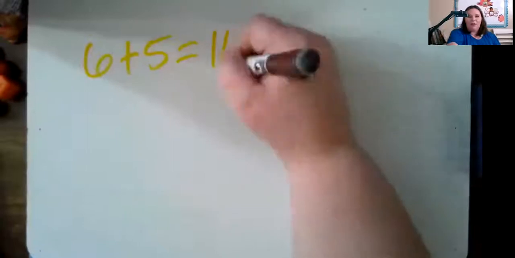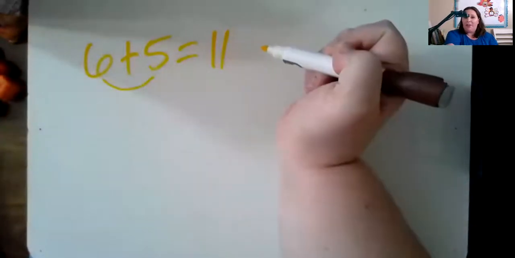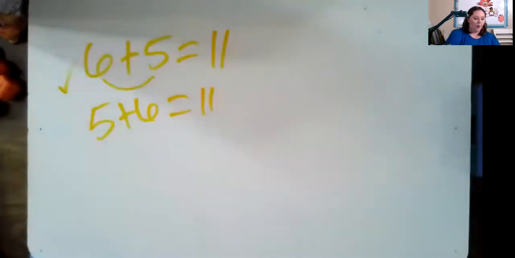What about, let's see, what is a related fact for 6 plus 5 equals 11? What do you think it's going to be? All we have to do is flip the addends. So it would be 5 plus 6 equals 11. Boom.